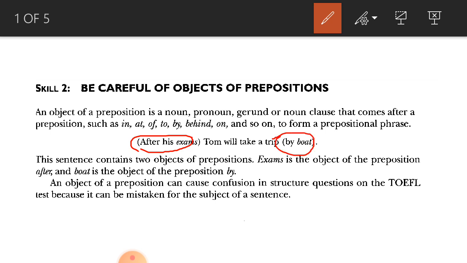The first one consists of two elements: after, the preposition, and exam, the object of a preposition. By boat is a prepositional phrase. It consists of by, the preposition, and boat, the object of the preposition.